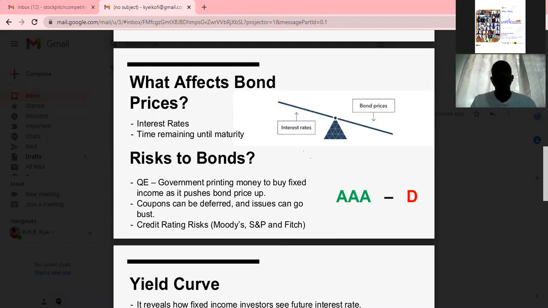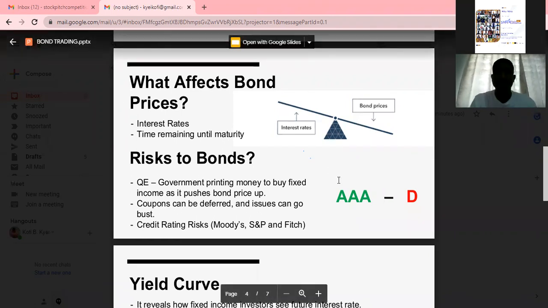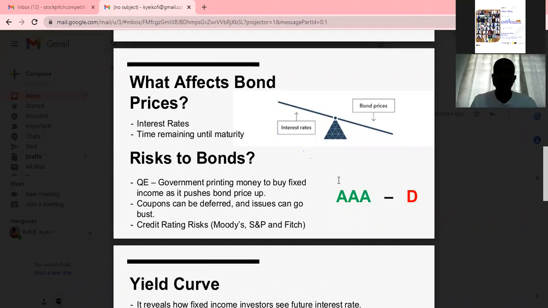And then interest rates go up, let's say the day after or the night after. What happens is that as an investor, you will be expecting to earn something higher than the current interest rate that is on the market.